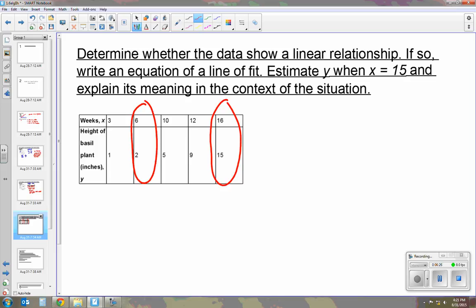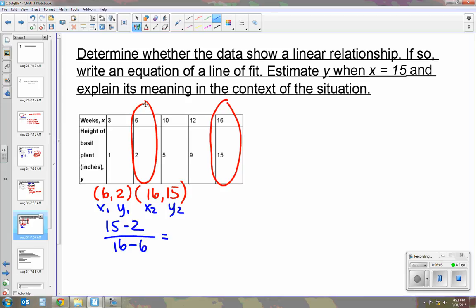Now, if we have 2 points, (6, 2) and (16, 15), we'll need to find the slope first to write our equation. And remember, slope is the change in y over the change in x. So we have 15 minus 2 over 16 minus 6. Okay? So we have 13 over 10. So that's our slope. And then we can use point-slope form.